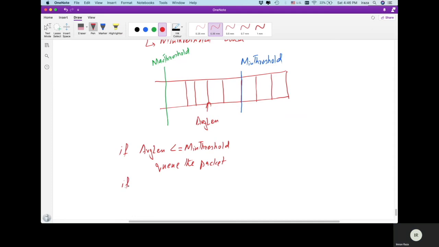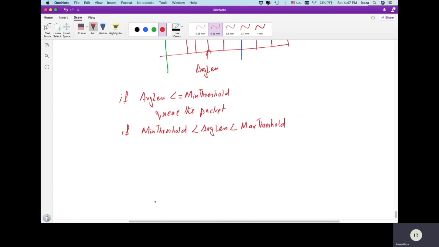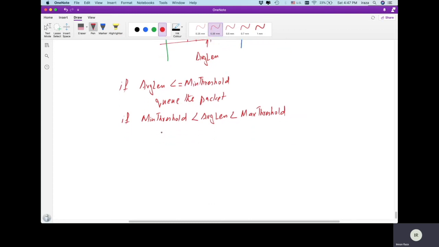If the average length is between the minimum threshold and the maximum threshold, as in the figure at the moment, then this means we have to calculate probability P.